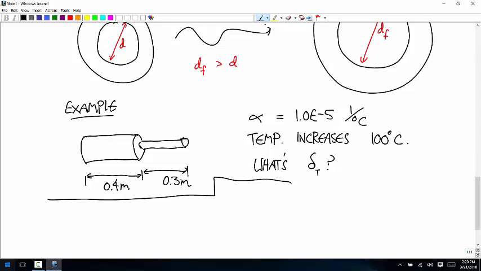No, it's just a material property. Like you just look it up for steel or whatever. And so, yeah, if I remember right, steel's coefficient of thermal expansion is about 1 times 10 to the minus 6 in Celsius.